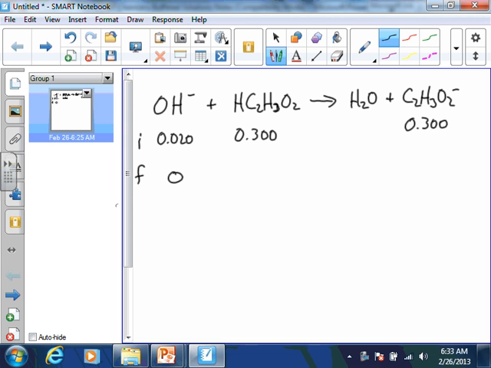I guess you could do a change. You almost could do an ICE table here also. It's kind of the same thing, but you're going to have 0.280. And then how much of the acetate are we going to have? Right, because 0.02 of this is reacting with 0.02 of the acetic acid. So what we're going to end up with here is 0.320.